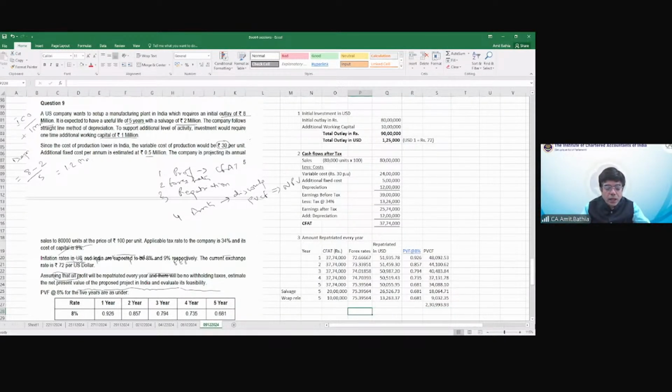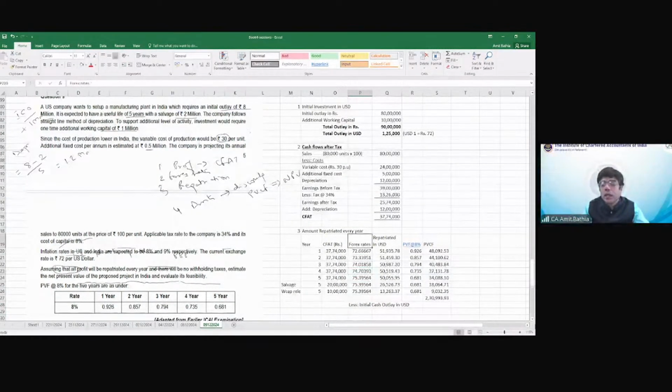From this, I will say less initial cash outlay in USD. Remember, all these are in USD, right? This PVCF is also in USD. So how much was the original investment in USD? 125,000. You got it from Note 1. Okay. Note 1.